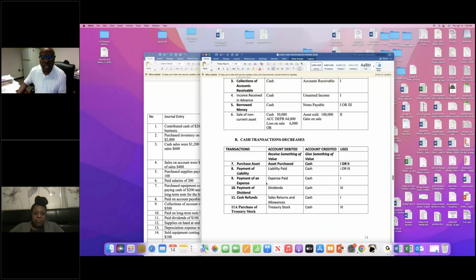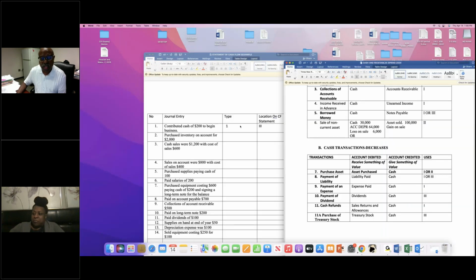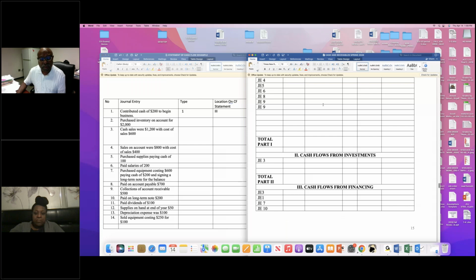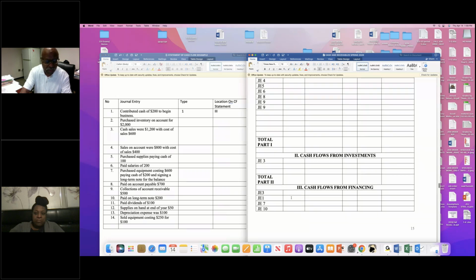So we said then that as we work this problem, given how that looks, for journal entry number 1, I have the number here. So as journal entry 1, that's a type 1. Why don't you jump all the way back here?